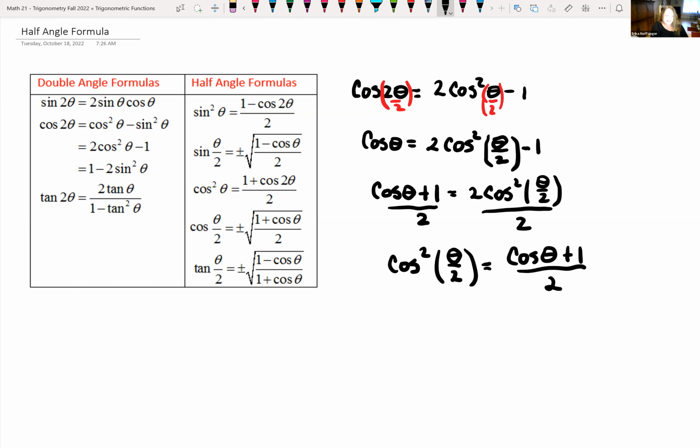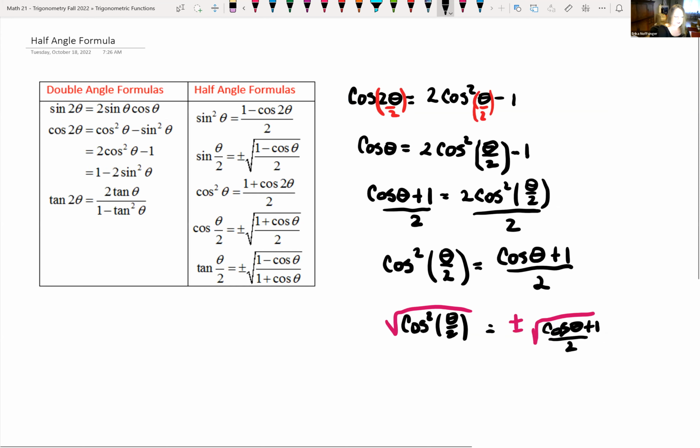We can get rid of that square by taking the square root of both sides of our equation, so we have to put the plus or minus in front of the square root. And so the square root of cosine squared of theta divided by 2 is equal to the square root of cosine theta plus 1 all over 2.